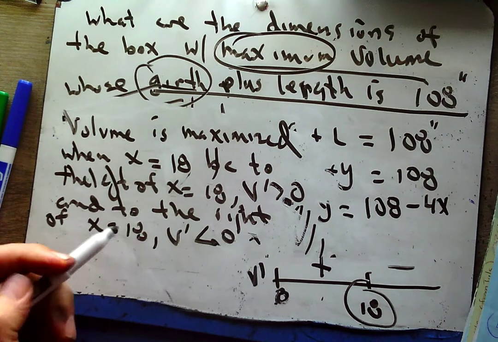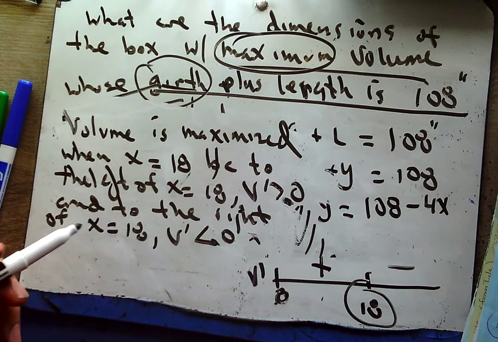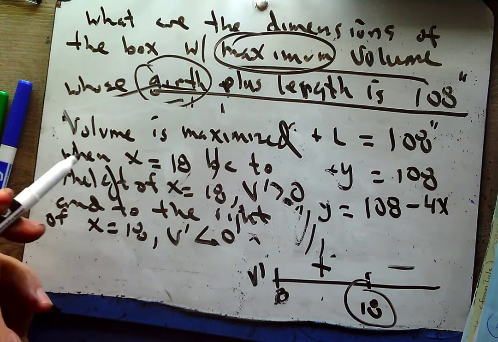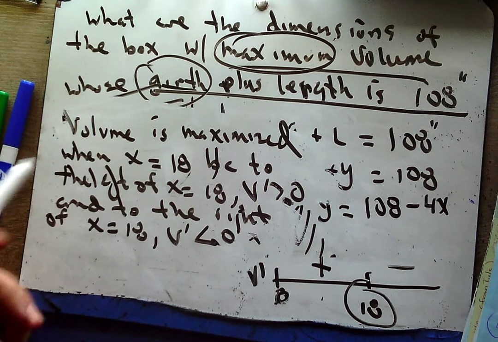Okay, and what were we asked to do? We wanted to know the dimensions that give us the maximum volume. We didn't need to find the maximum volume this time, we just need the dimensions.